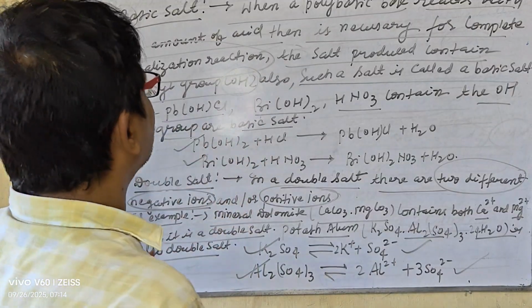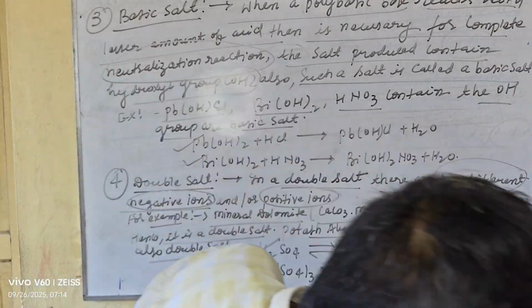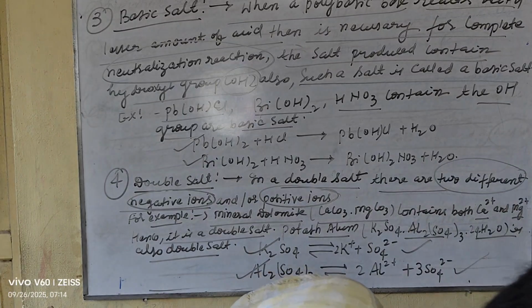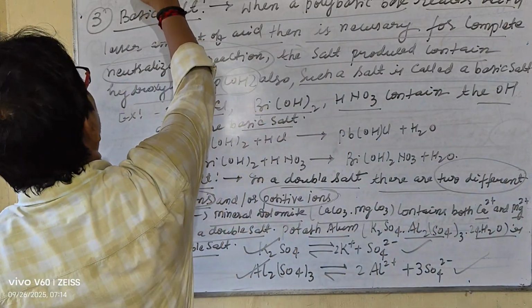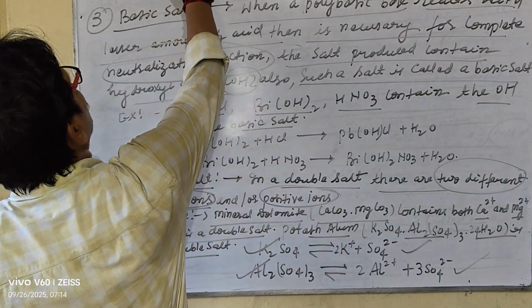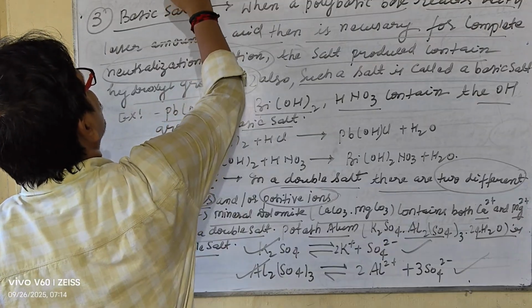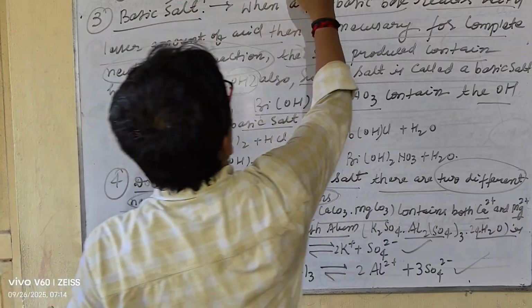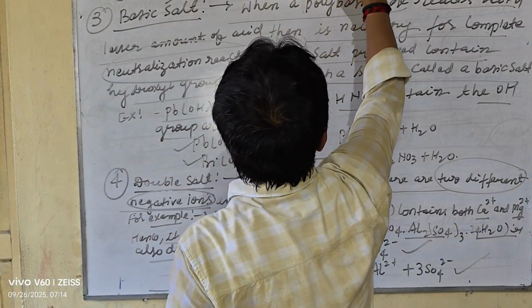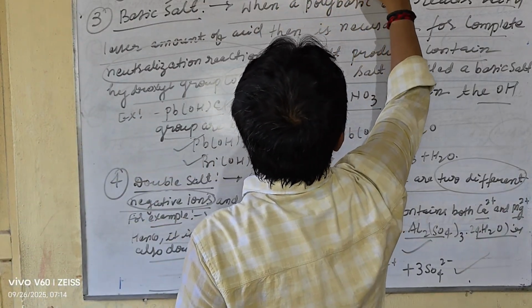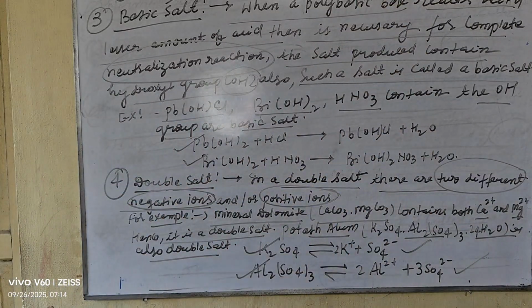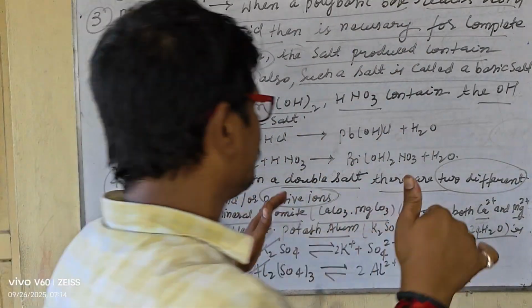Today I discussed the types of salt. Earlier, the pH of salt solutions was the first topic, and the second topic is types of salt: normal salt, acid salt, basic salt and double salt. So this is all about today's class.